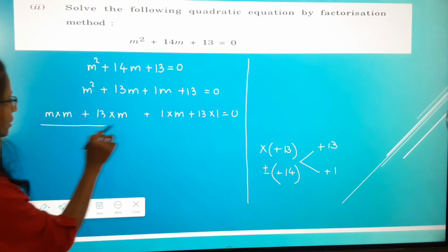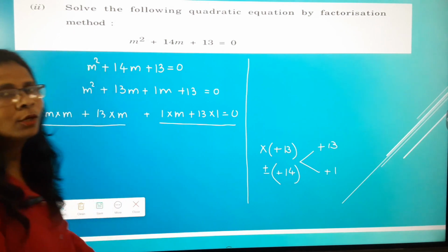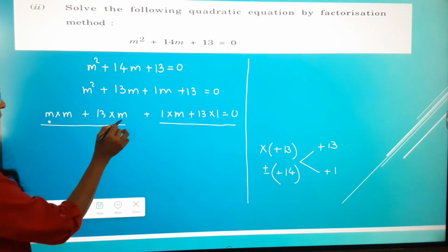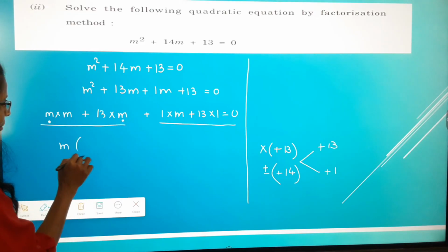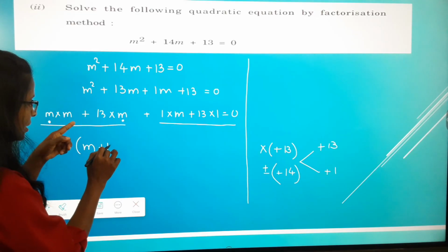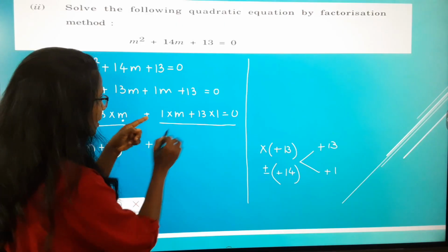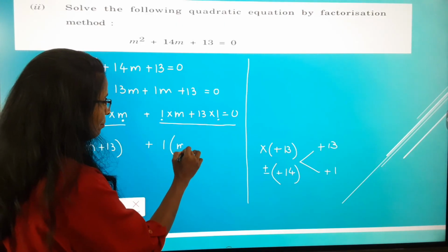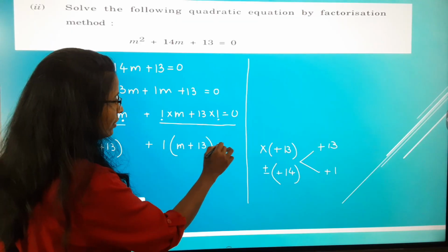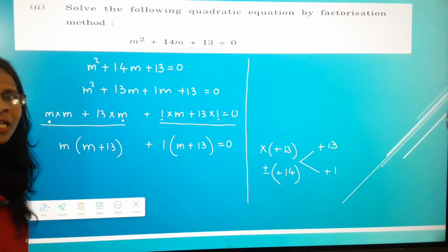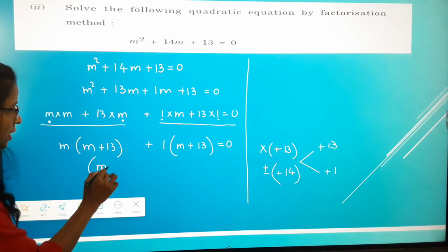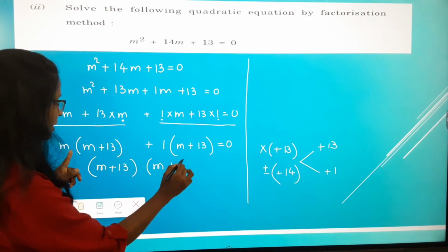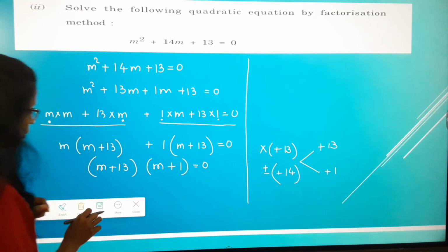From the first group m is common, with m plus 13 in the bracket, and from the second group 1 is common, with m plus 13 in the bracket, which is equal to 0. So in the first bracket m plus 13, and in the second bracket the remaining term, m plus 1, is equal to 0.